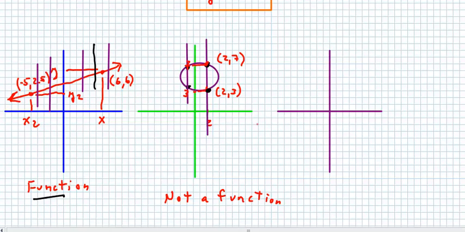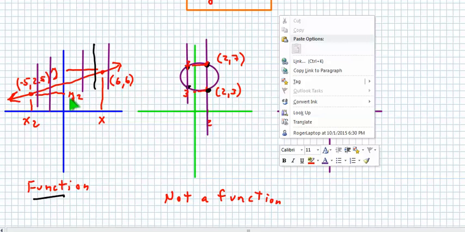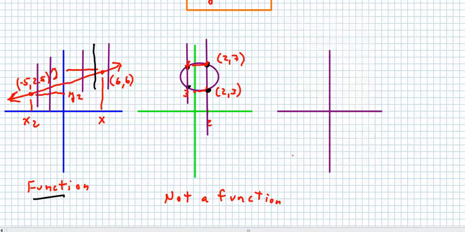All right. And I drew them with arrows here, but it could be with a dot. Doesn't have to continue forever. And maybe it's an open circle. Open circle means there is no dot there. All right? So now I go to draw my vertical line. Oh, only hits 1 point.